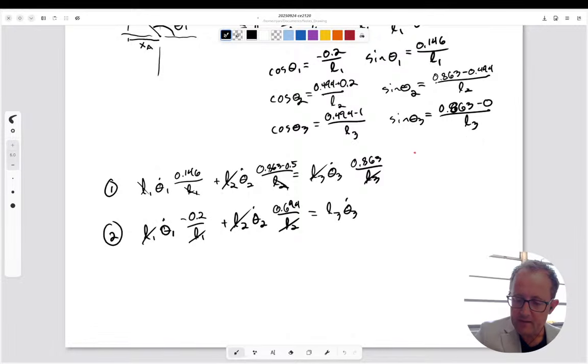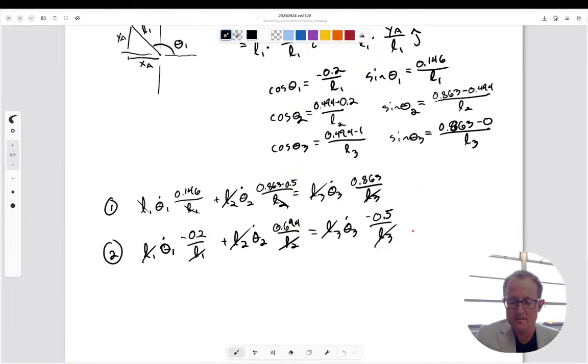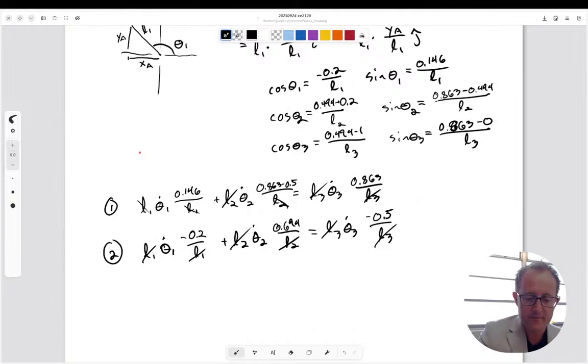And then cosine theta 3 is a negative, I'm going to call it negative 0.5, just because I don't feel like keeping track of the other ones. Cool. So now I have two equations with two unknowns. So I'll plug in the last value because I know that this link is rotating at 10 radians per second. So let's get rid of this, get rid of that, call this 10 and 10.